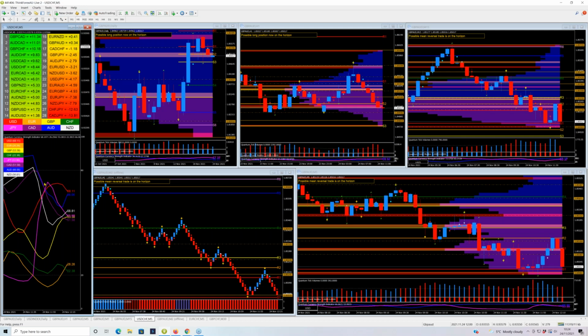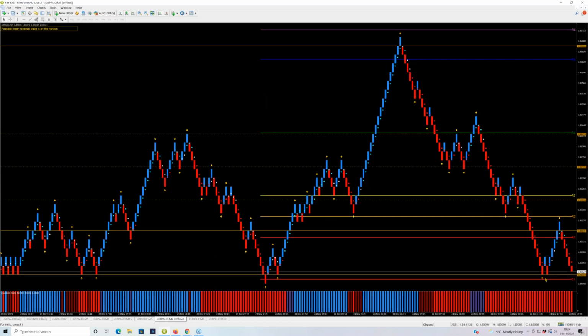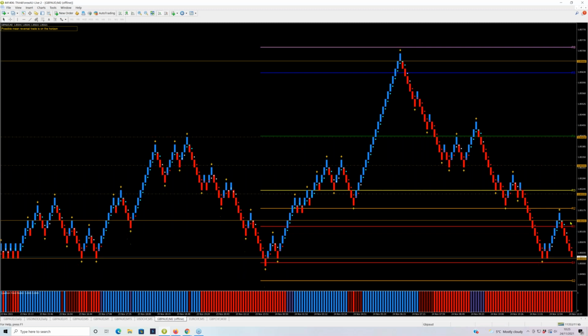Yes, we had this pullback where the Aussie fell and the pound rose, but it looks as though possibly that is going to continue. Certainly the Renko is telling us it got down to almost the S3, it tried to rally, and now it's going to come back. So if you're already in this move, there's really no reason at the moment to bail.